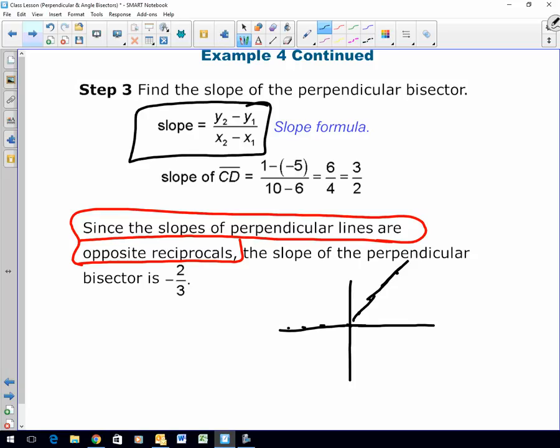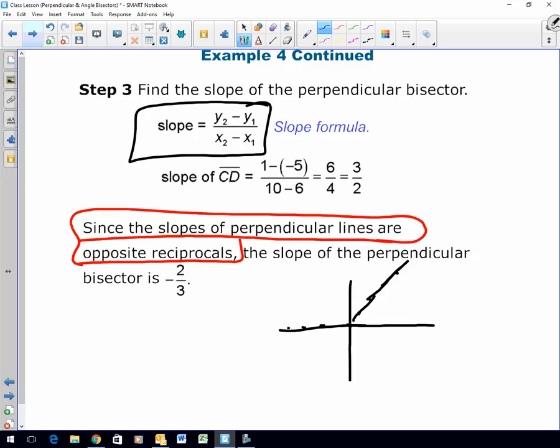So that's how, instead of having a positive slope, which goes up to the right, I have a negative slope, which goes down to the right.